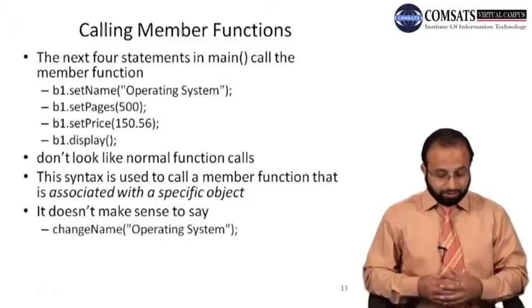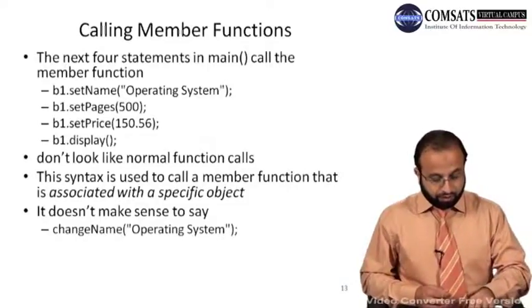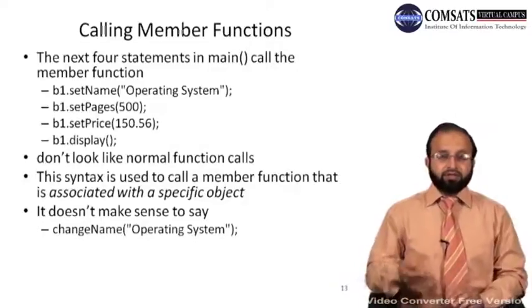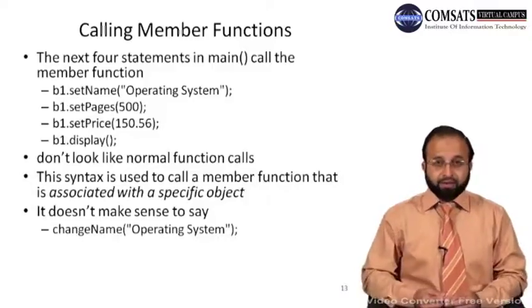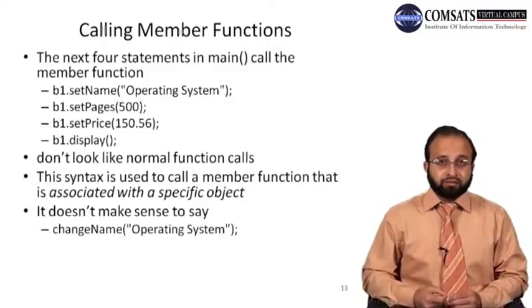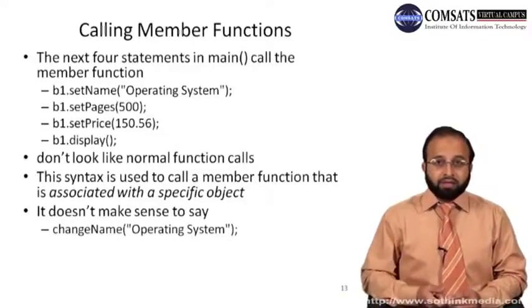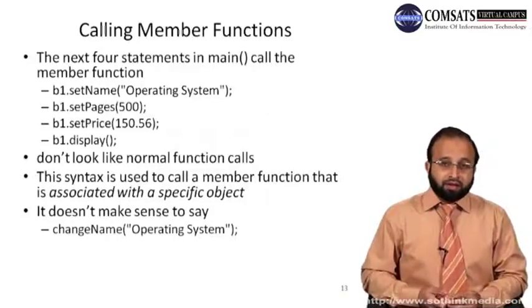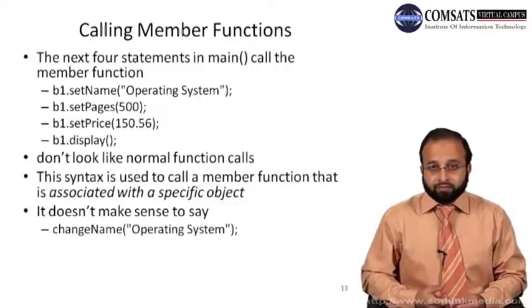Assume that this is a set name function. I'm sorry for this, that there are some functions like change name or set name. This is actually the set name. So if I call this function set name without an object, के बगैर अगर कॉल करें, so ये जो string है operating system ये किस object के name को assign कर देगा जो private data member है.